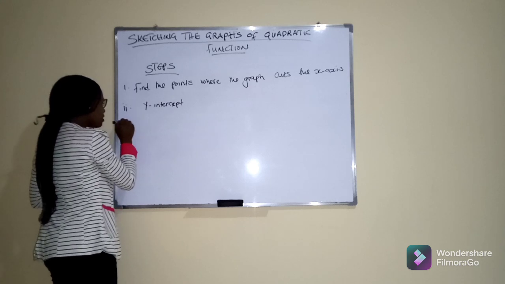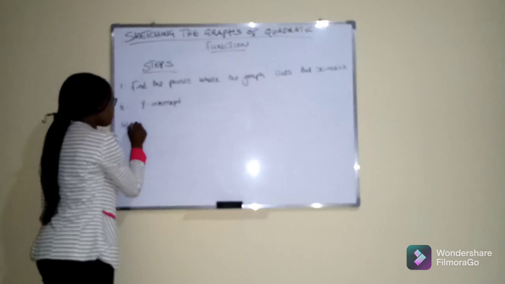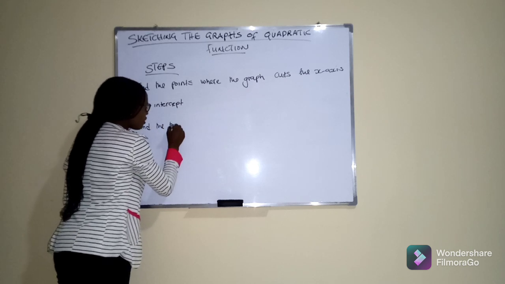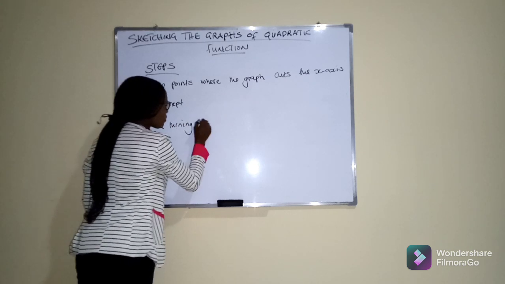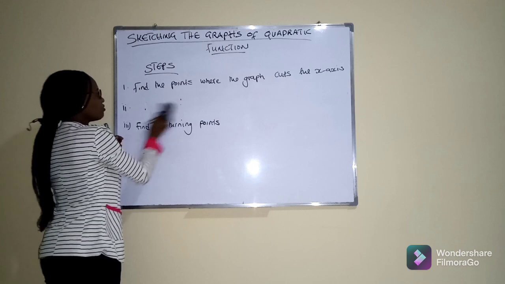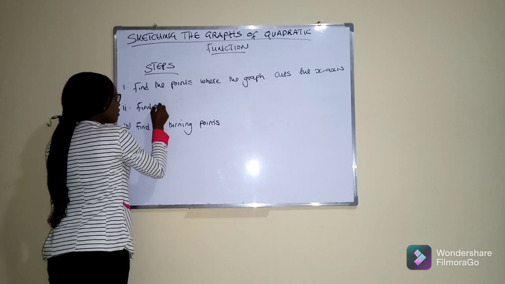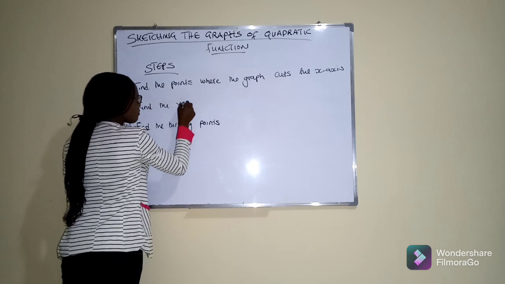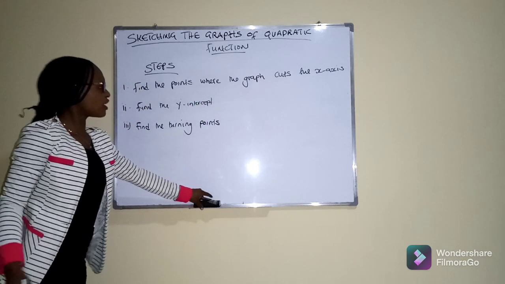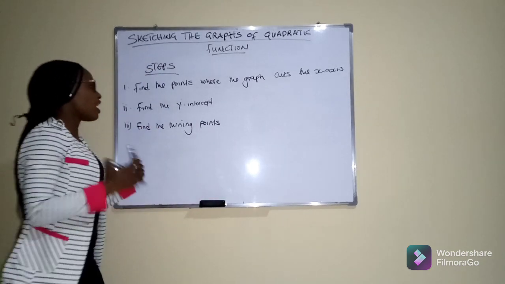Then after we have found the y-intercept, the other thing that we are supposed to find is the turning point.